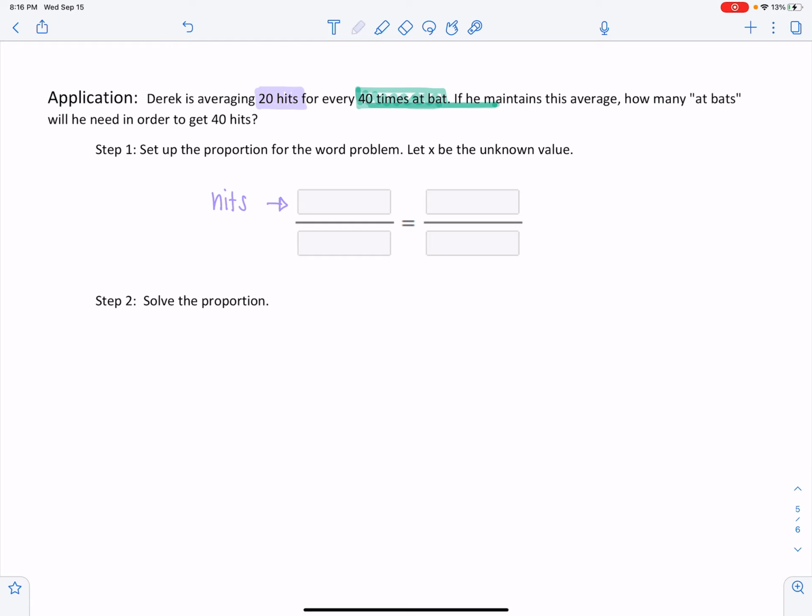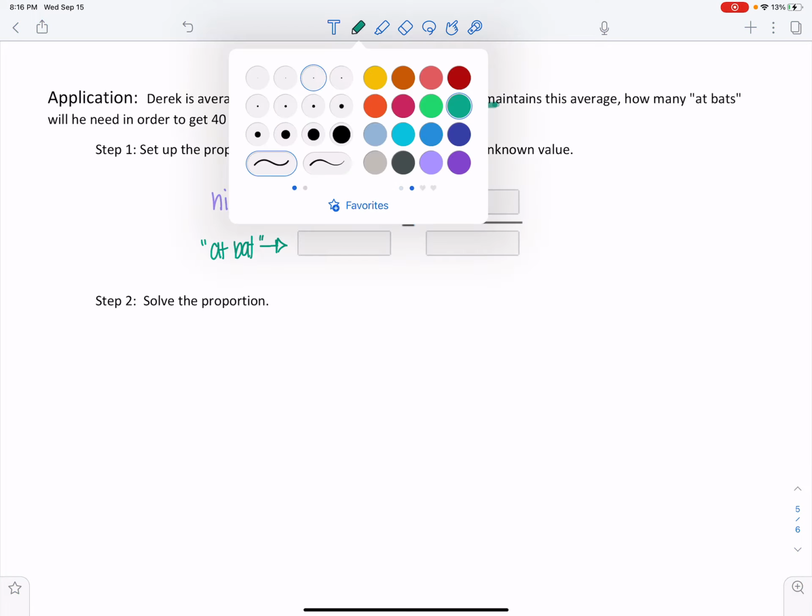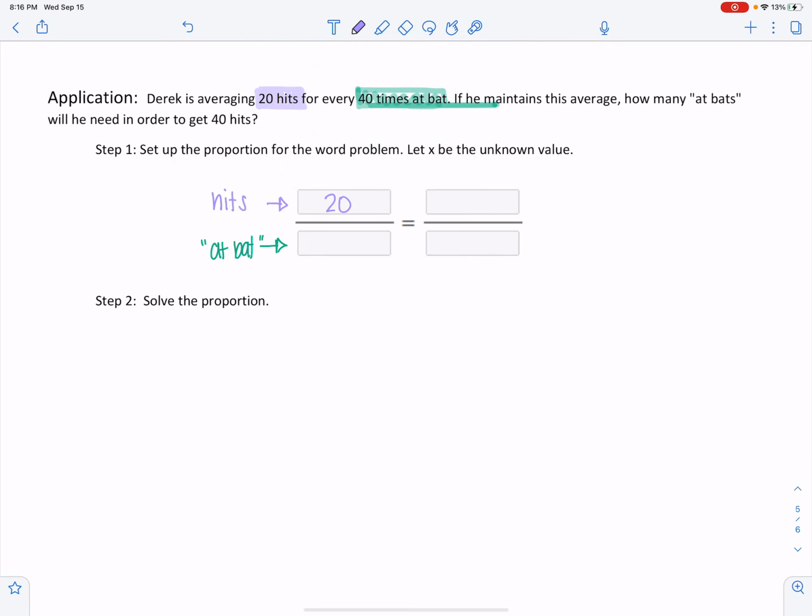And so here I'll have his at-bats. Okay, so I'm going to fill in my number. Derek is averaging 20 hits. So I'll have 20 on that top fraction for every 40 times at bat. And then the next part says, if he maintains this average, how many at-bats?